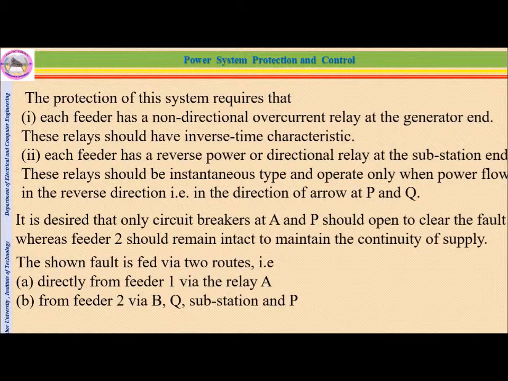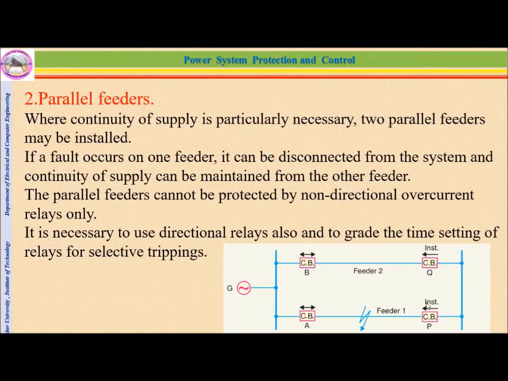The protection of this system requires that each feeder has a non-directional overcurrent relay at the generation end, and these relays should have inverse time characteristics. Each feeder has a reverse power or directional relay at the substation end, and those relays should be instantaneous type and operate only when power flows in the reverse direction, that is, against the direction of the arrow at P and Q. At P and Q, these are directional relays, at the substation side or the customer side.